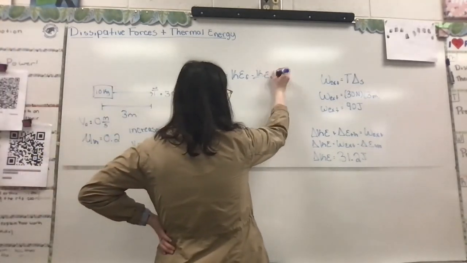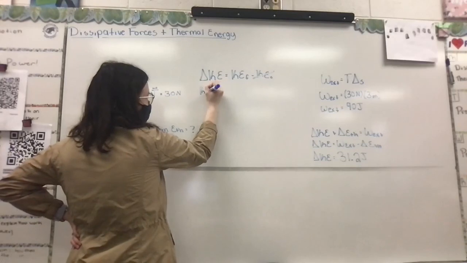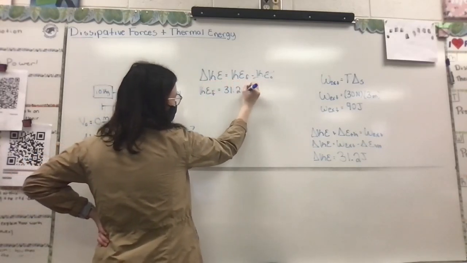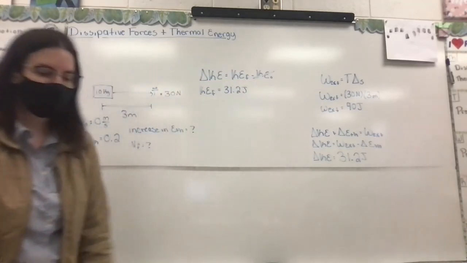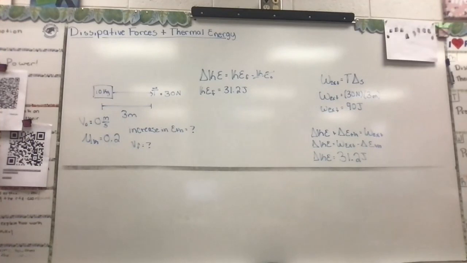So our final kinetic energy is 31.2 joules. That helps us big time, because we weren't asked to find the change in kinetic energy. We were asked to find the final velocity.